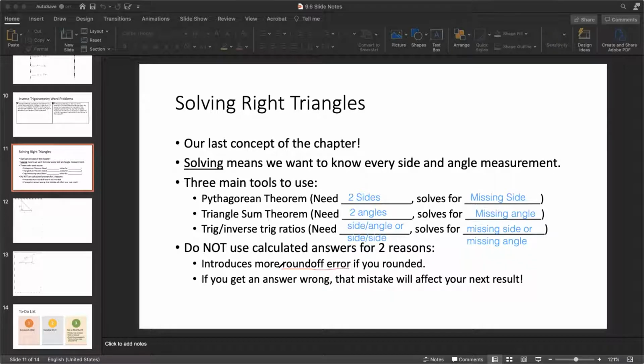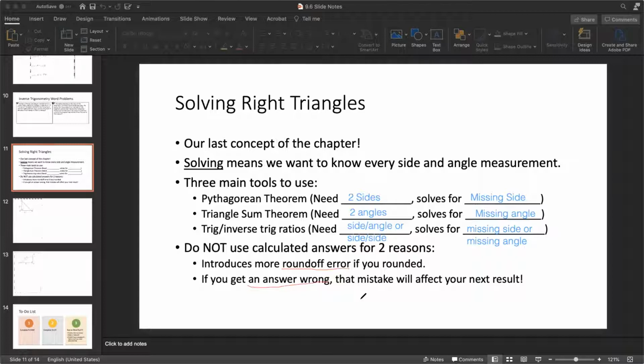The other reason, and the much more important reason, if you get an answer wrong and you use that answer again, unless some math miracle happens, it's going to hurt your next result.